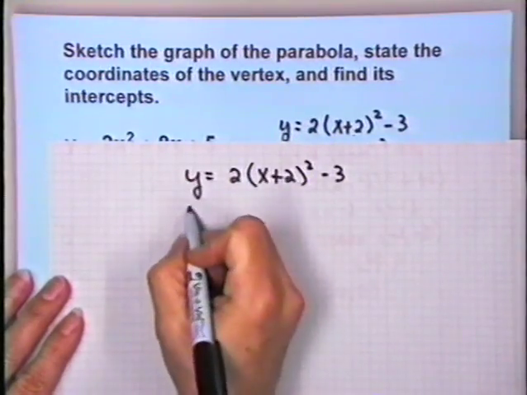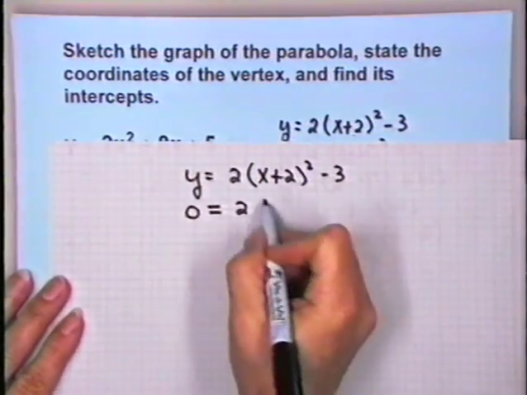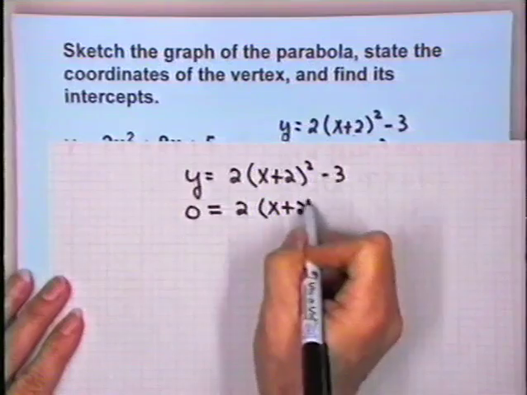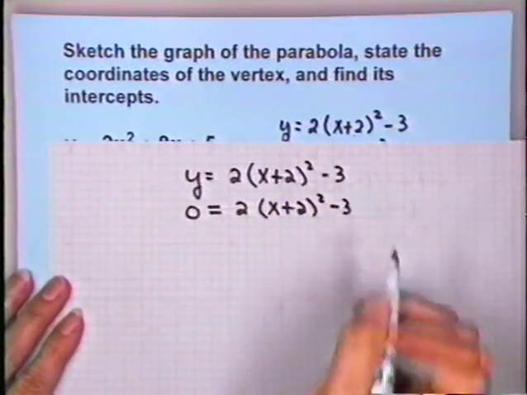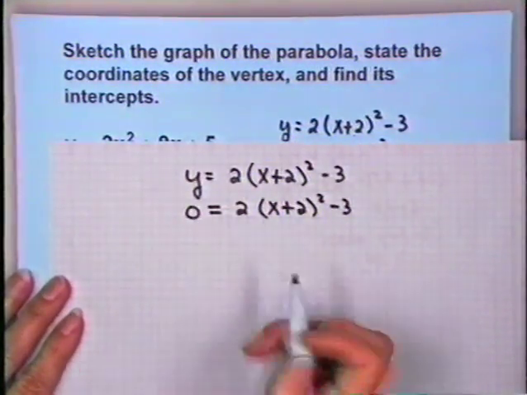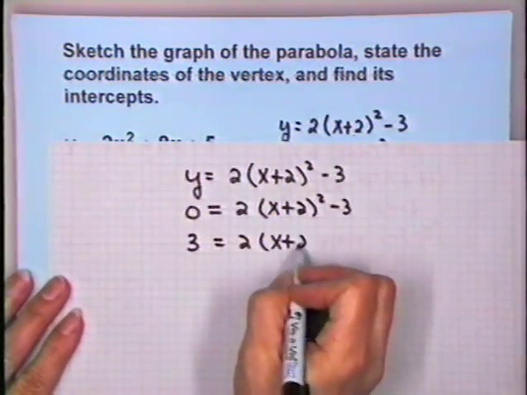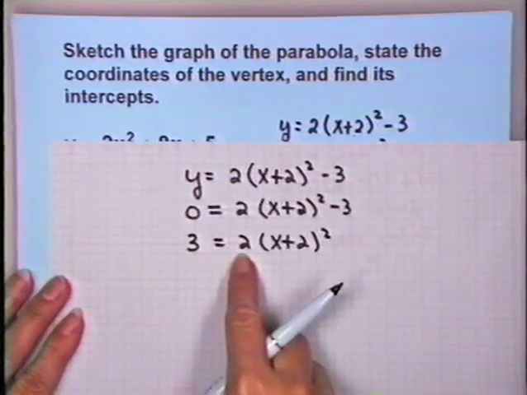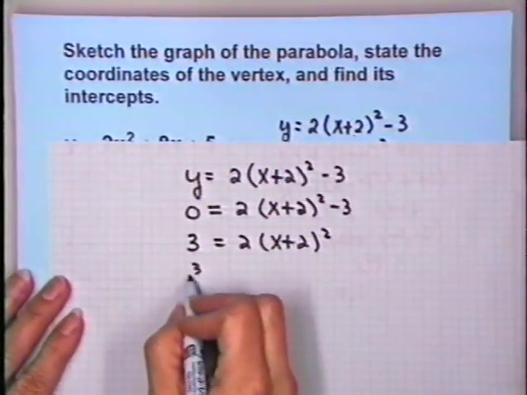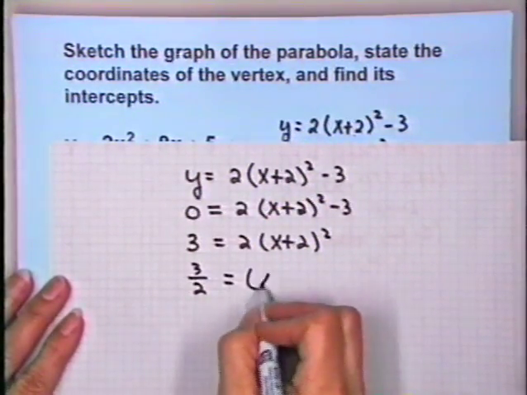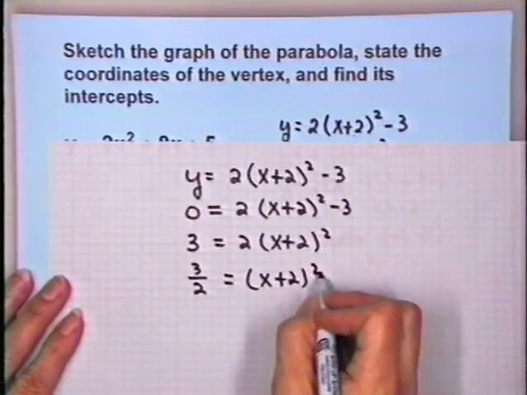Now, if we let y be 0 in this equation, it's going to look like this, isn't it? Now, let me show you what you can do. Add 3 to both sides. Divide by 2 to get rid of that 2 right there. 3 halves equals the quantity x plus 2 squared.